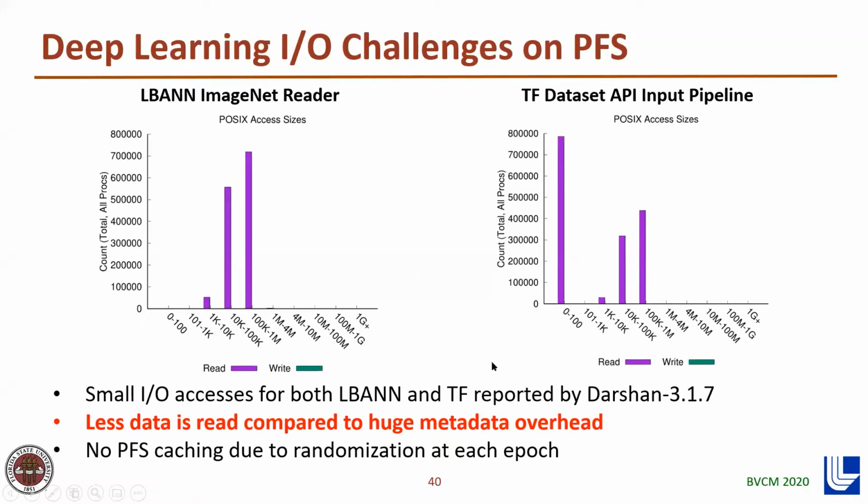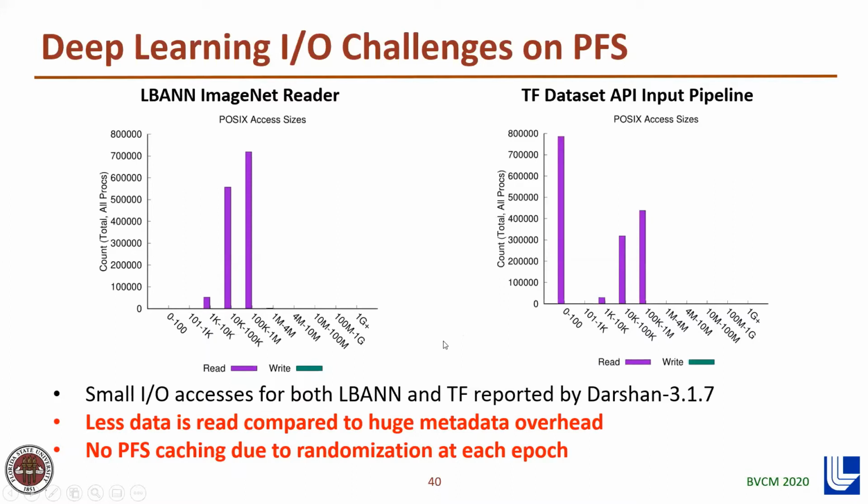So the main challenges here are, though we are reading a very small amount of data, we have to go through metadata overhead every time, because as I mentioned, ImageNet itself has a very large number of files.